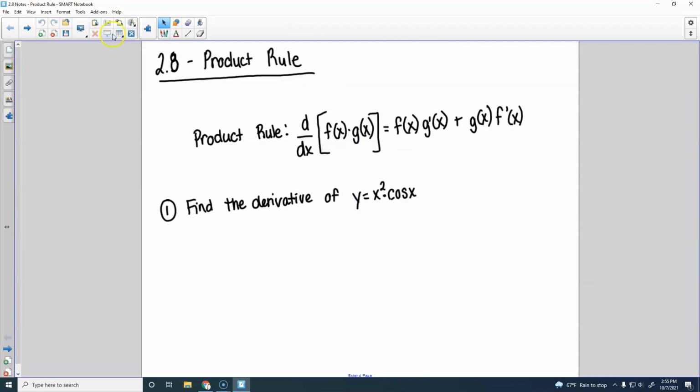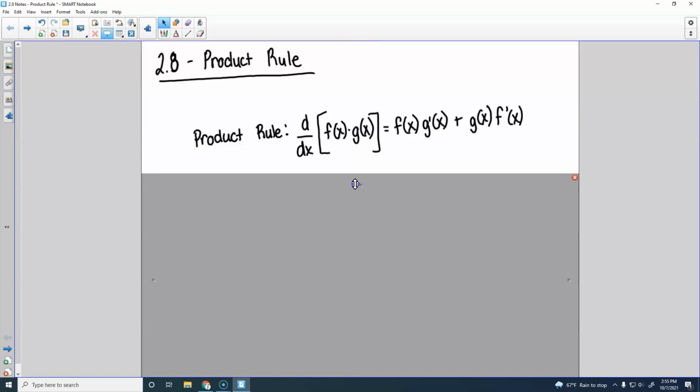Okay. Product rule. No, you're going to copy these down on your own paper. All right, this is on your own paper.